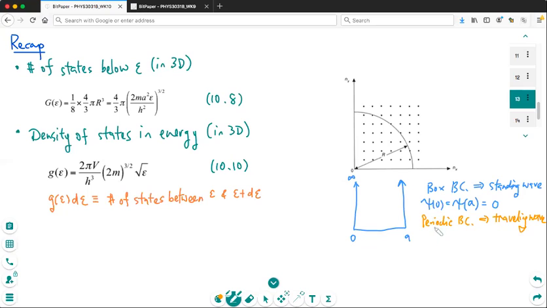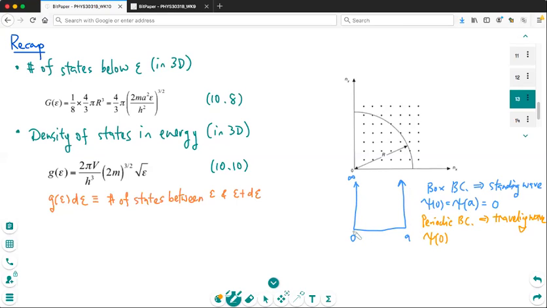What do I mean by periodic boundary condition? It's very similar, but be very careful. What I want is to demand the wave function to be continuous at this boundary. I imagine that after I reach A, I come back from 0. So I just have to imagine I make many copies of this.